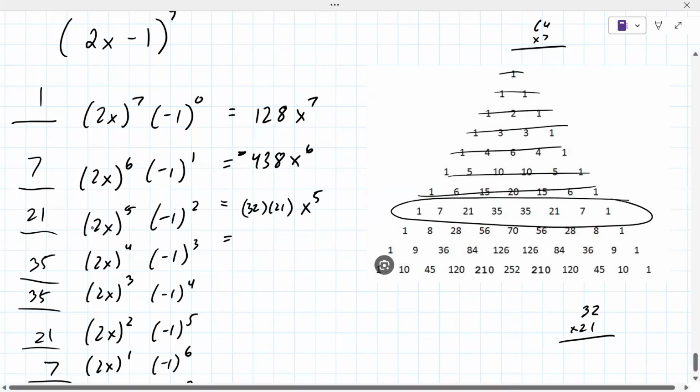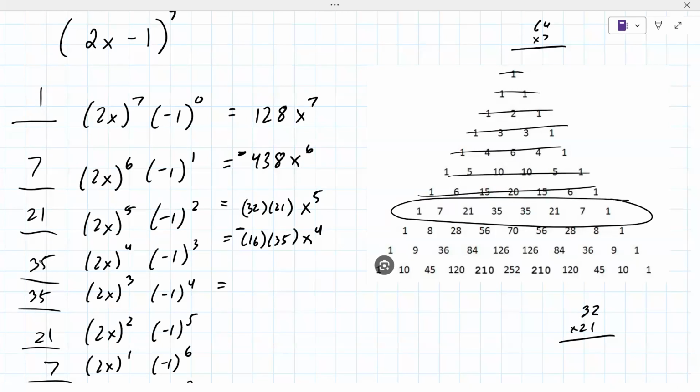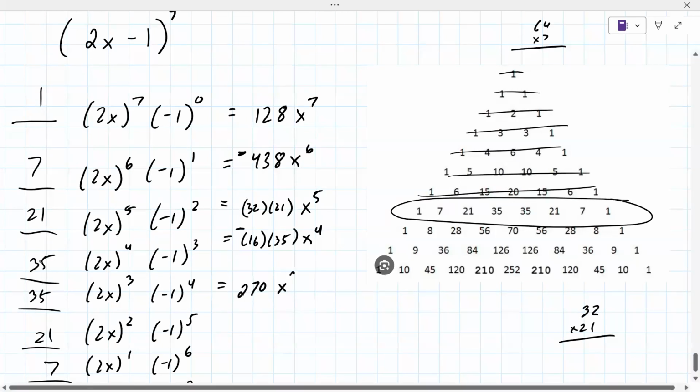Some of them get really bad. Like this one's 2 to the 4th is 16. 16 times 35. x to the 4th, but this one's negative. And then this is 8. 8 times 35. That's more doable. That's 280 x cubed. 2 squared is 4. 4 times 21 is 84, but it's negative.